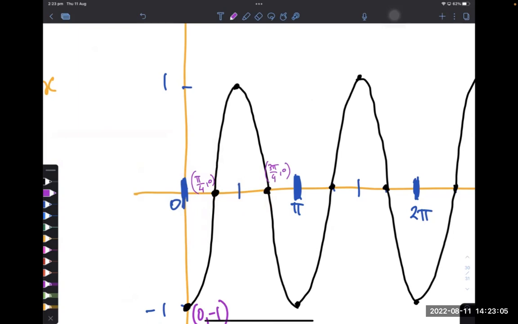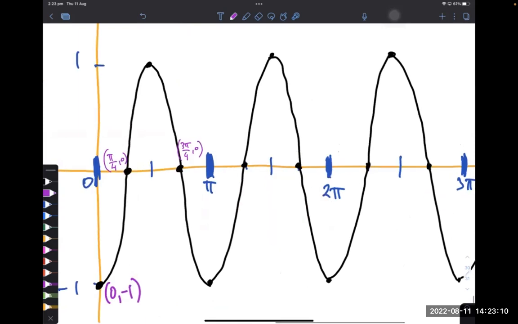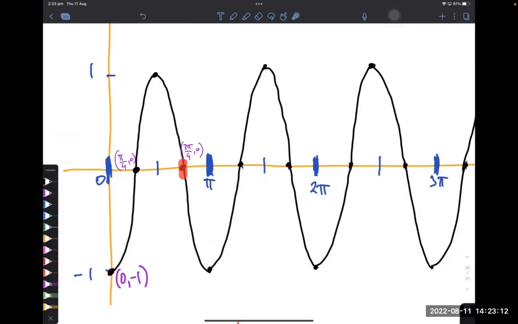The less time you spend complaining, the more time you get to write it, yeah? Instead of saying pi, what are we counting by? 4 pi over 4. So what's this one? What's the next intercept? 7 pi over 4. Correct. 8 pi over 4 is the same as 2 pi.